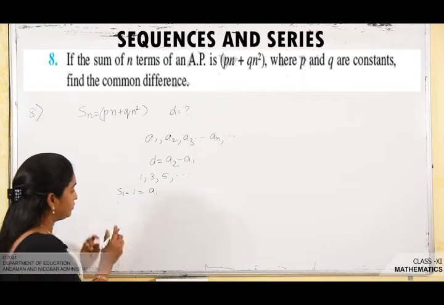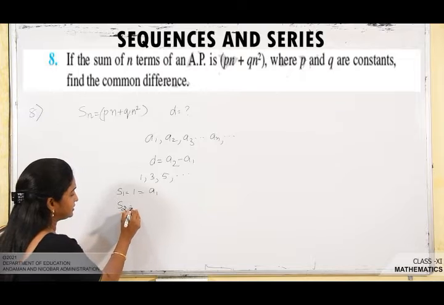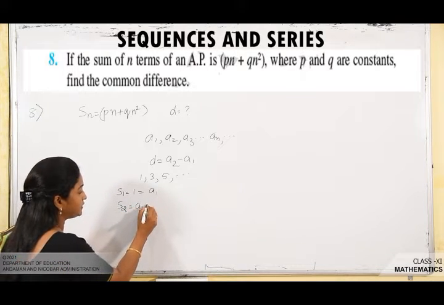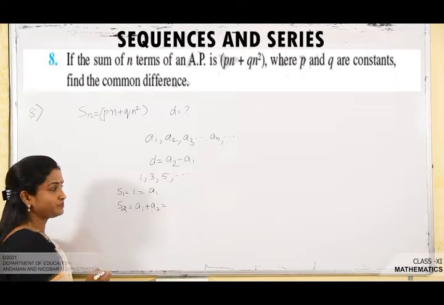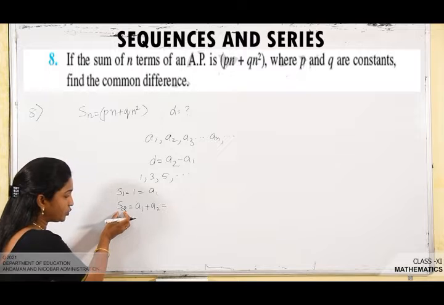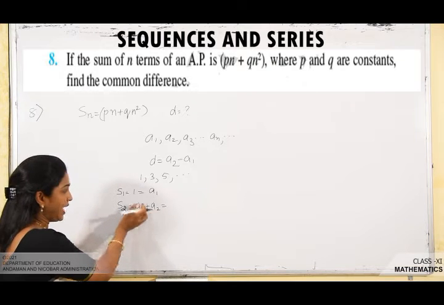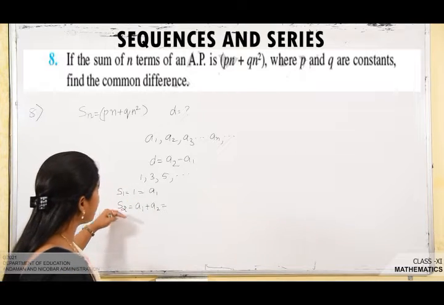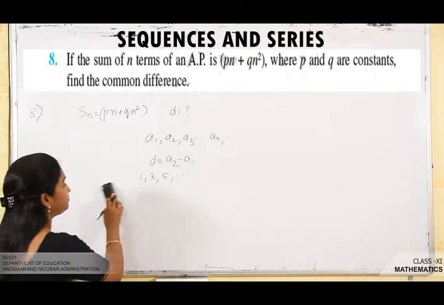Now when you talk about the sum to first two terms, the meaning is first term plus second term, means 1 plus 3. So sum to first two terms means A1 plus A2 and sum to first term means A1, correct? So using this concept we can find the common difference here.